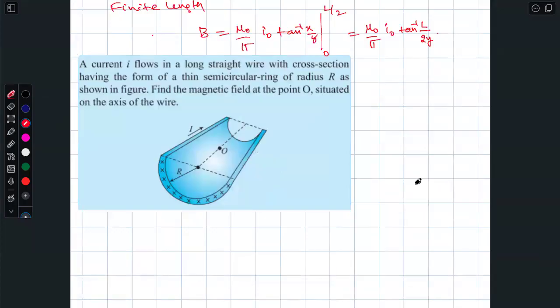A current I flows in a long straight wire with cross section having the form of a thin semicircular ring of radius R, as shown in figure. Find the magnetic field at the point O situated on the axis of the wire.